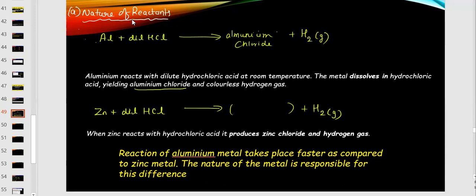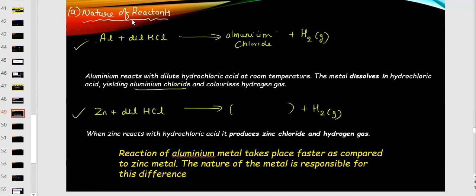The point is, whenever aluminium reacts with hydrochloric acid, this reaction will be faster compared to zinc. In both reactions, we are reacting aluminium with dilute HCl and zinc also with dilute HCl.